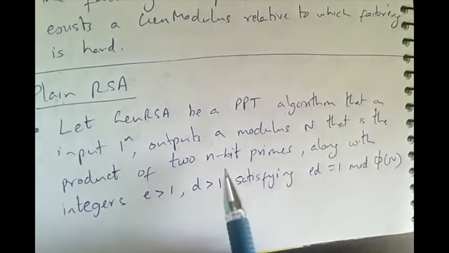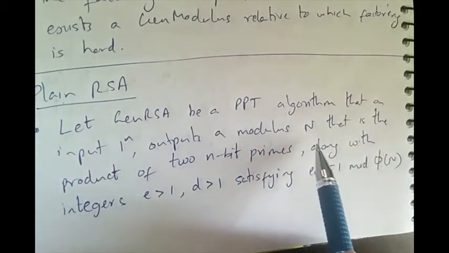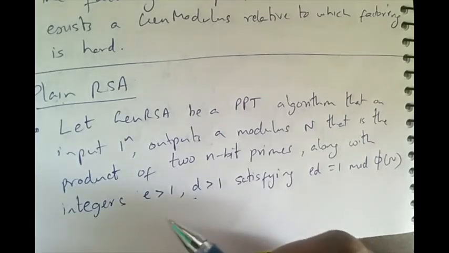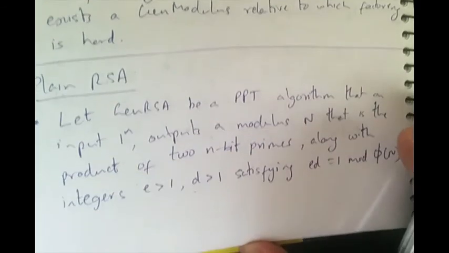But here we definitely want N to be a product of two n-bit primes, and in addition, we want Gen RSA to give us a pair of integers e and d, which are both greater than 1 and which satisfy this. We'll see that in the encryption scheme, e is going to play a role in the encryption part of the scheme, and d is going to play a part in the decryption part. Hence the choice of notation.